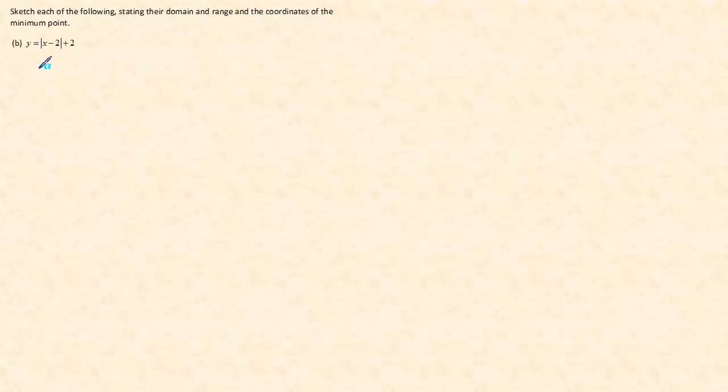Now for the next one, I'm just going to use my knowledge of transformations. So if we think about this one, we can see two transformations. We've got the f of x minus c, and that's going to move us c units to the right, and that's inside here.